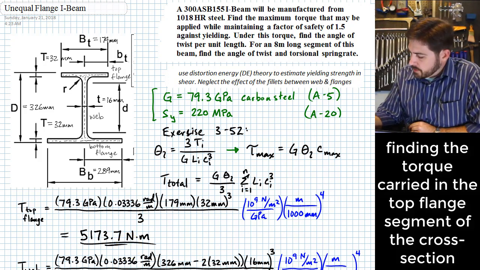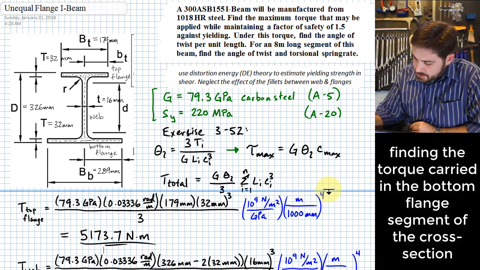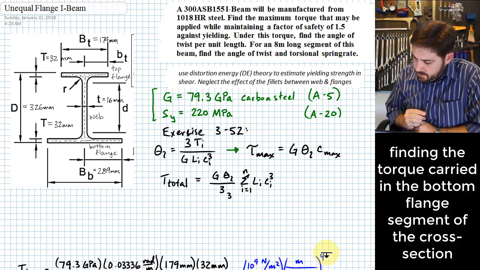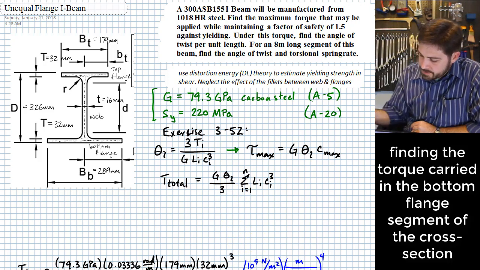Okay, so the next step after coming up with the torque that just the top flange is carrying is to do the same idea for the bottom flange, and that's not hard.